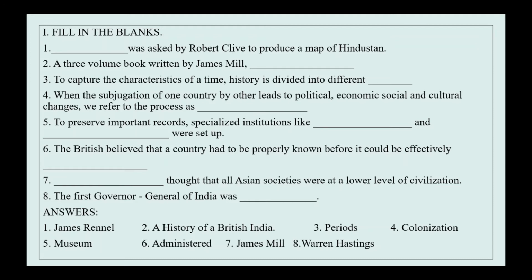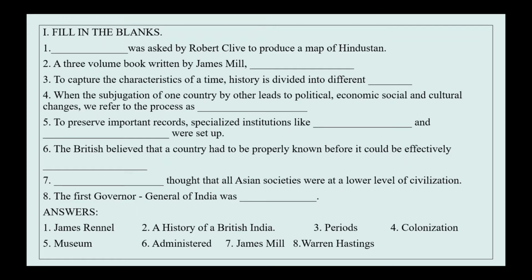Okay. Next, to preserve important records, specialized institutions like Dash and Dash were set up. Archives and museums were set up. These two are important institutions. These both, archives and museums, were specialized institutions.